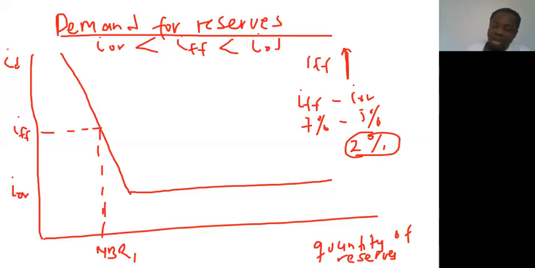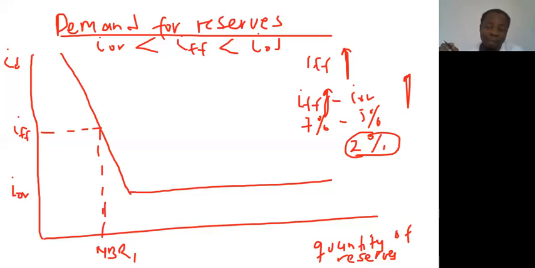So anytime there is an increase in the federal funds rate, that is, if this side goes up, then the opportunity cost of holding reserves also increases.